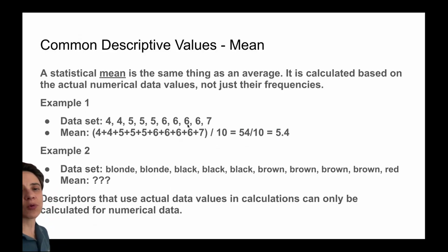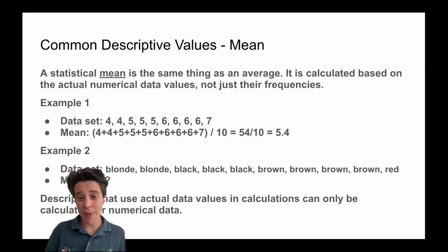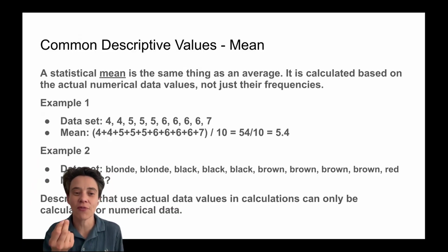You add each individual piece of data and then you divide by 10 because that's how many numbers there are here. You get 5.4. But you can't do that here because you can't calculate that value for categorical data, for qualitative data. So some of the statistics that we'll do, you can calculate for any type of data, but a lot of them you have to have numeric data in order to make it work, because you have to be able to do calculations with the individual pieces of data.